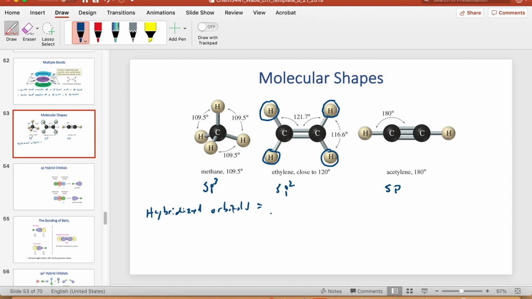And these are lower in energy because the electron pairs are further apart.